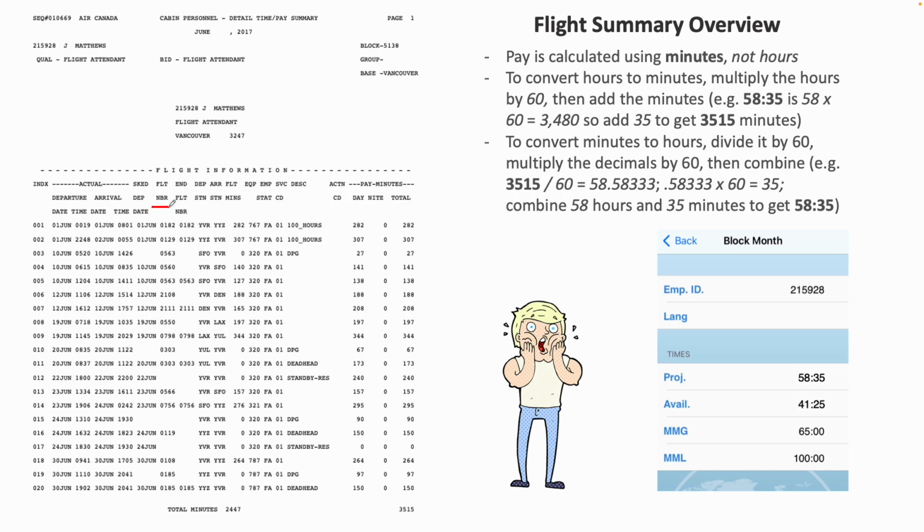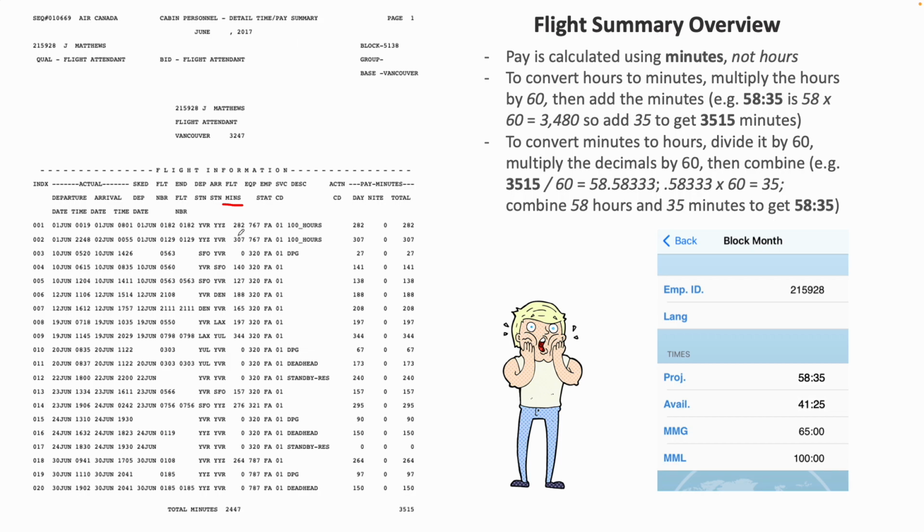FLT NBR, that is short for flight number. So this flight number was flight 182, going from Vancouver to Toronto. FLT MINS, that is short for flight minutes.